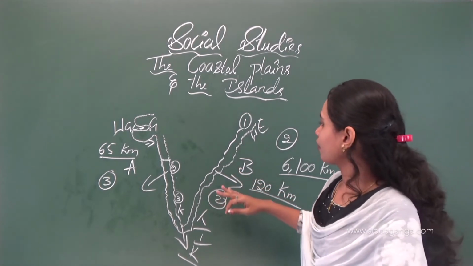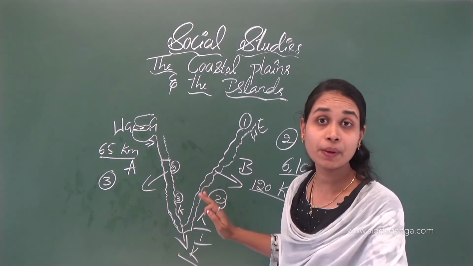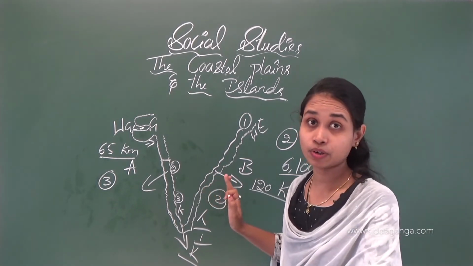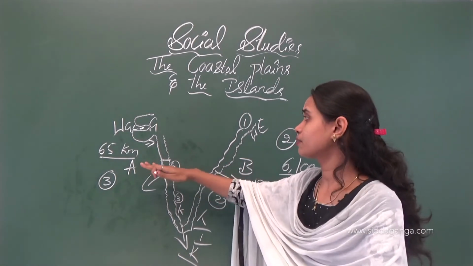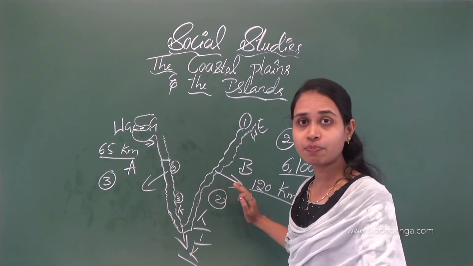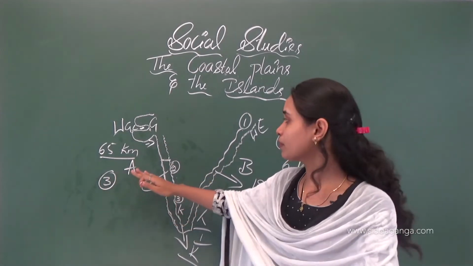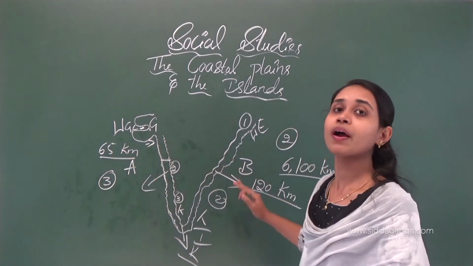Rivers such as I told you in the previous class, you have to remember everything I said. Many rivers flow from west to east and east to west. Many rivers join the Arabian Sea and also the Bay of Bengal.